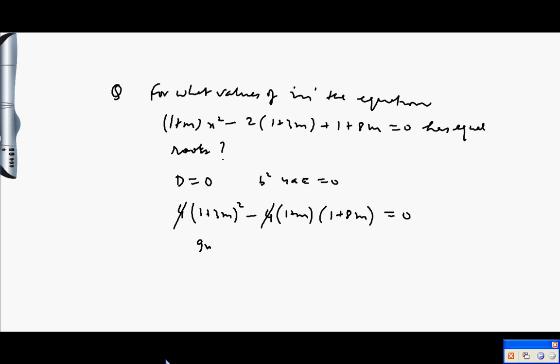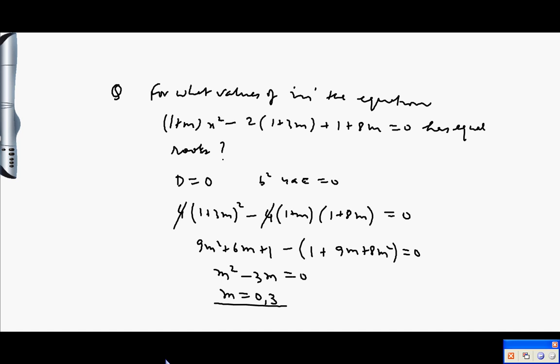I get 9m square plus 6m plus 1 minus 1 plus 9m plus 8m square equal to 0, whereby after simplification I get m square minus 3m equal to 0. So, the values of m can be obtained as 0 and 3 by solving this quadratic equation.